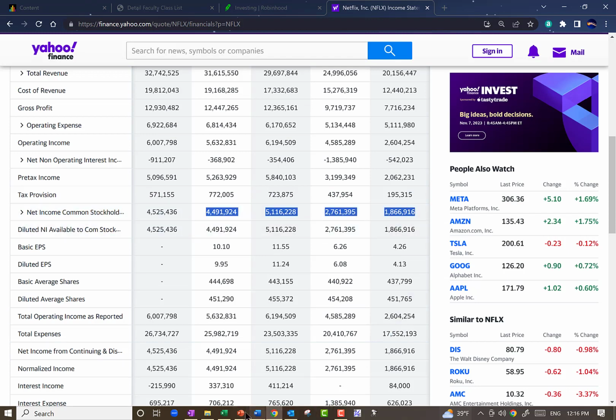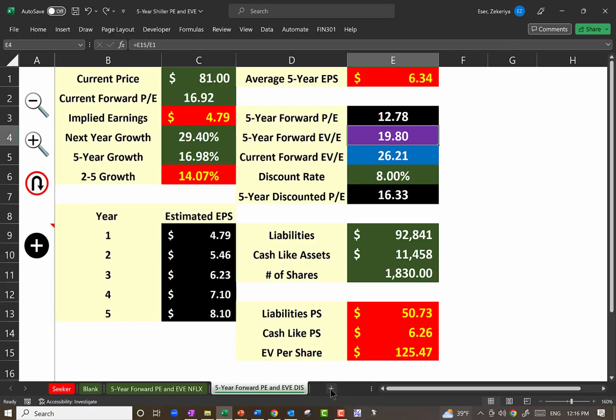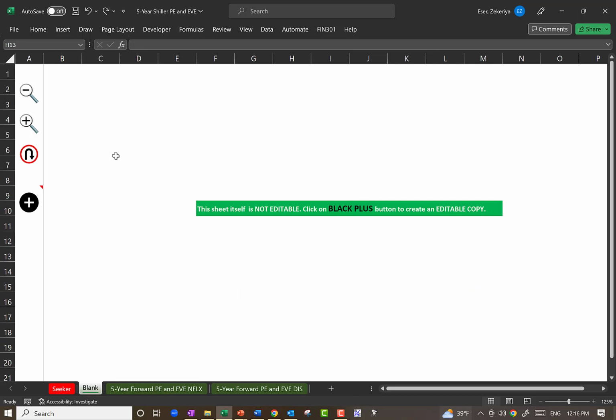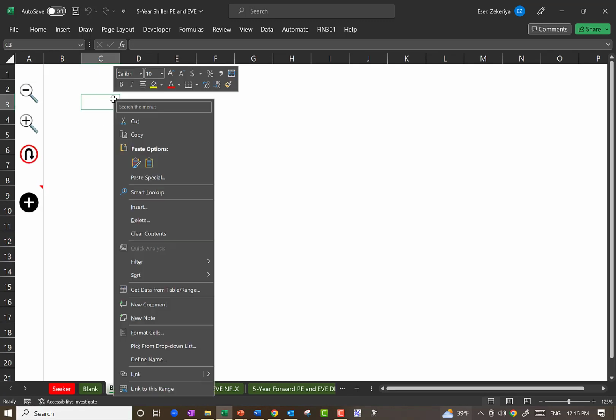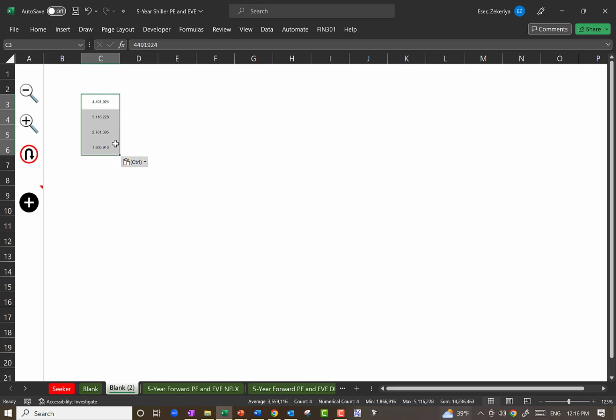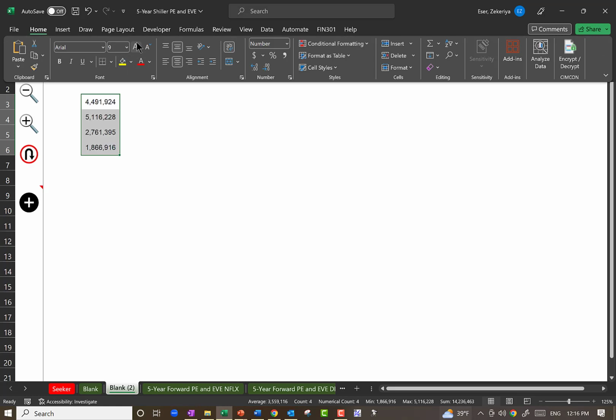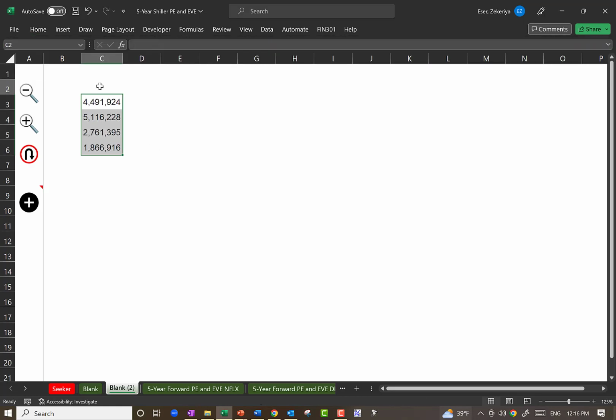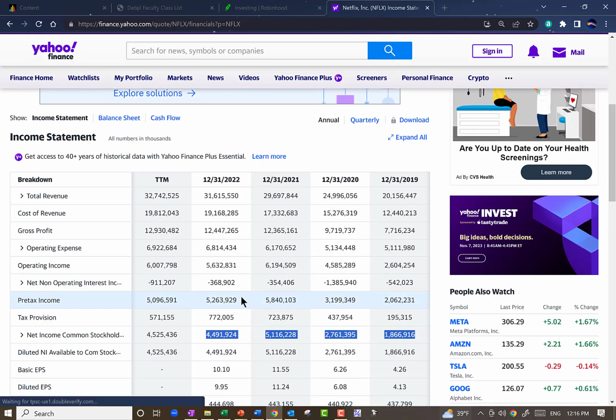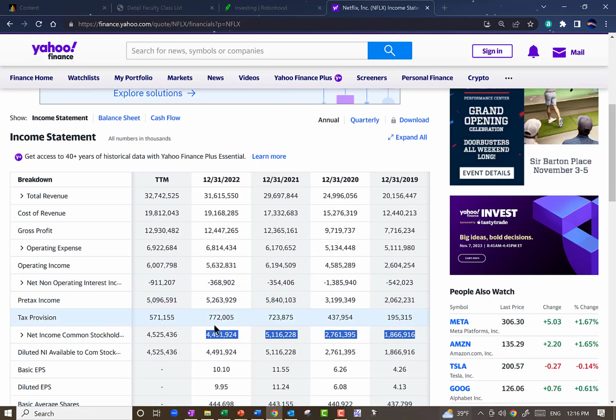I'm going to copy it. I'll just put it into a blank sheet. I don't know why it makes them this small. In the old days, we got them bigger. So these are earnings. And they're gonna get rid of taxes.